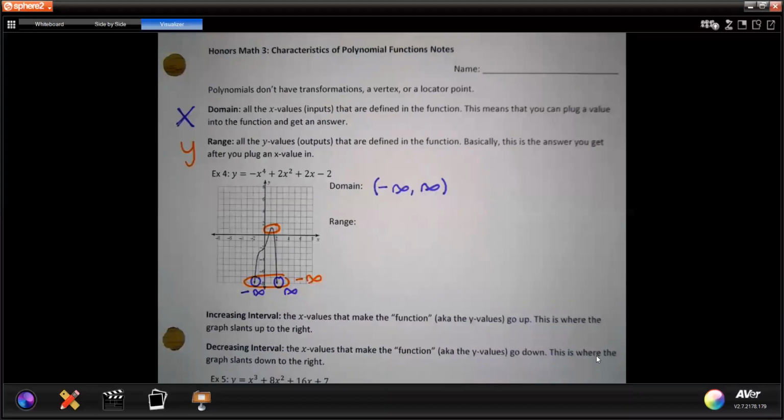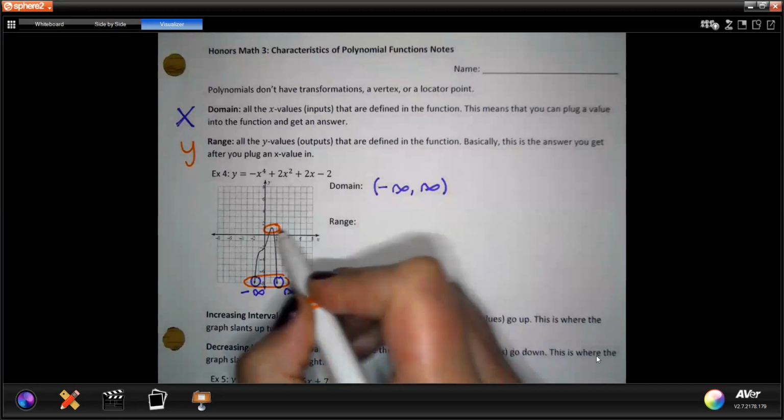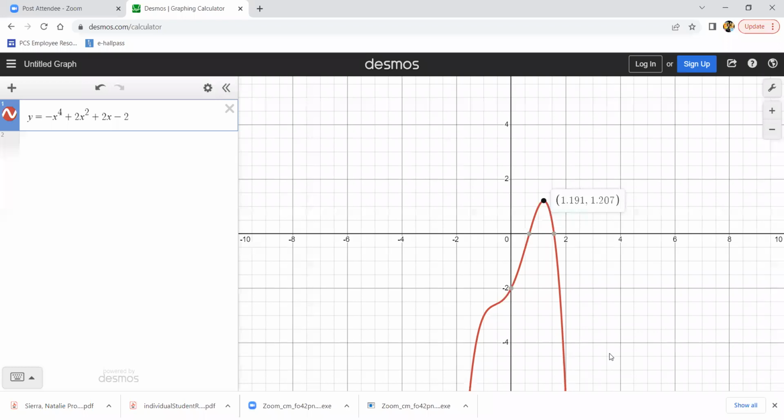Okay, so the bottom of the graph is arrows going down, so that's negative infinity. The top of the graph is that point, and if we look back at that point, since we're thinking about up and down, then we want to make sure that we use the y coordinate. So I'm going to label the graph with that y coordinate, which was 1.207. I went ahead and labeled that in my picture.